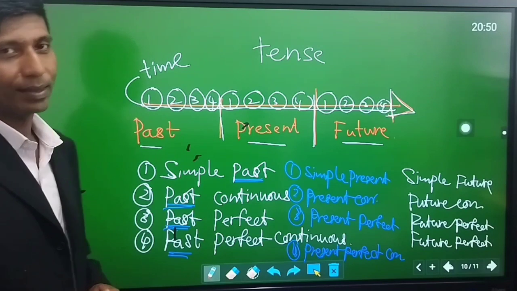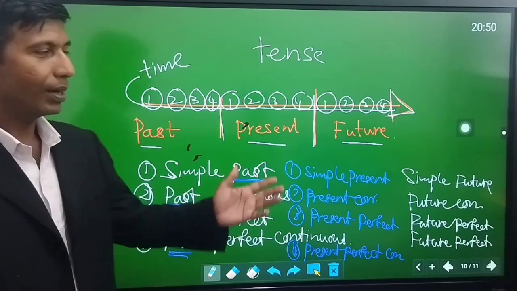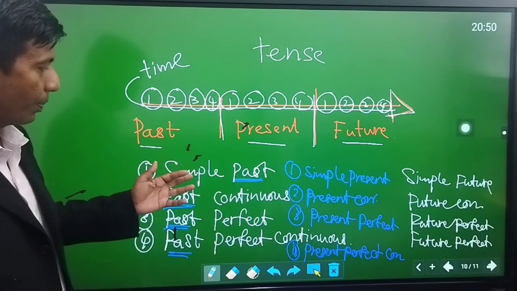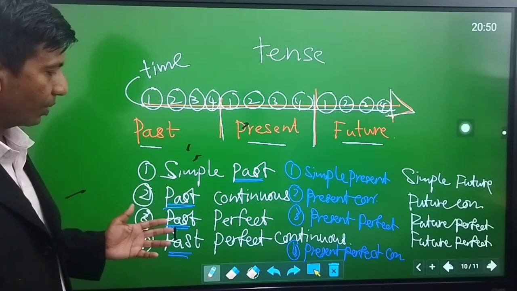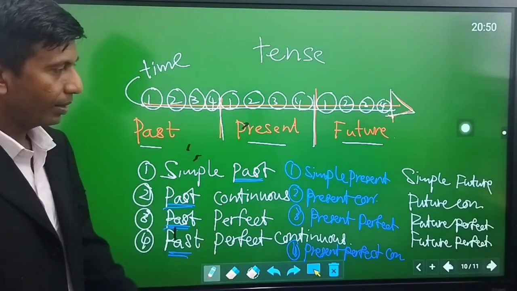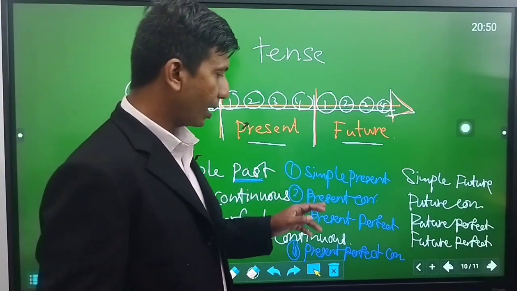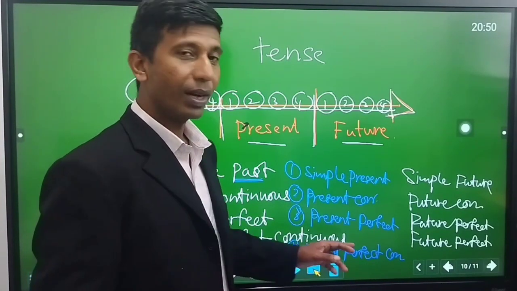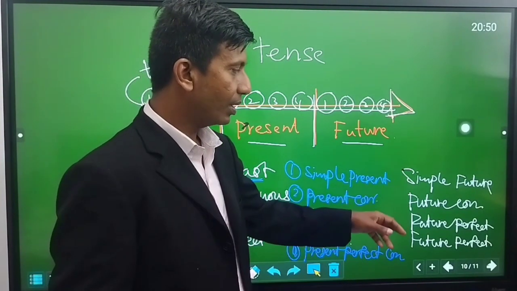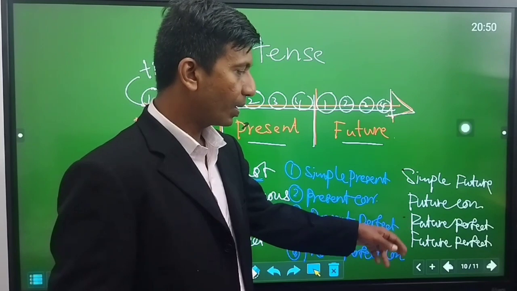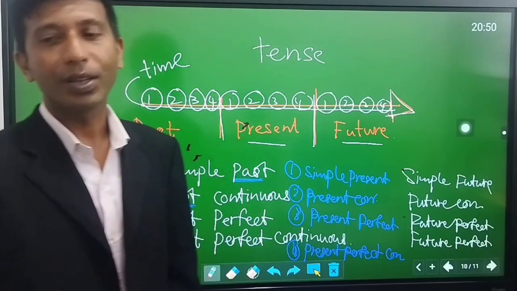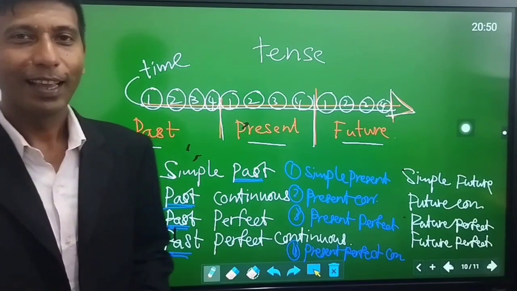Altogether there are 12 tenses. What are they? Simple past, past continuous, past perfect, past perfect continuous. Simple present, present continuous, present perfect, present perfect continuous. Simple future, future continuous, future perfect, future perfect continuous. Okay.